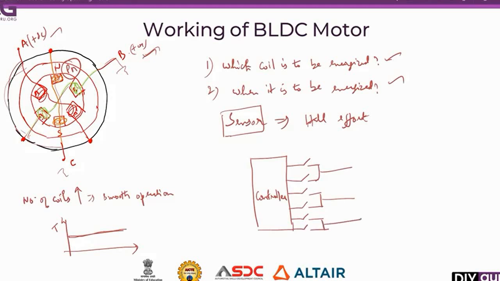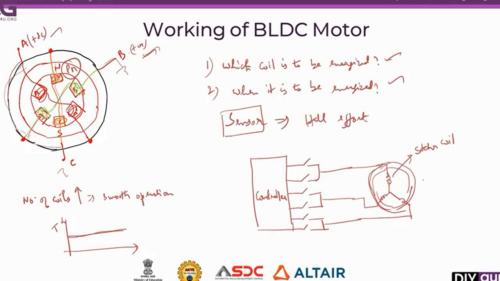See, there are 3 coils outside. This coil will be inside the motor. Either it will be in a star connected system or a delta connected system. Here I am drawing it as star. This is the motor. These are the stator coils. Here you will be having the rotor.